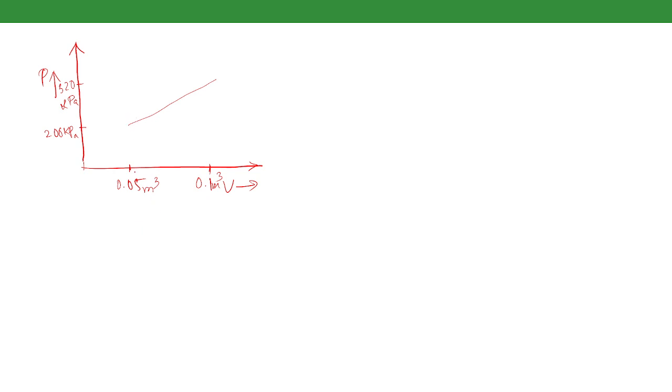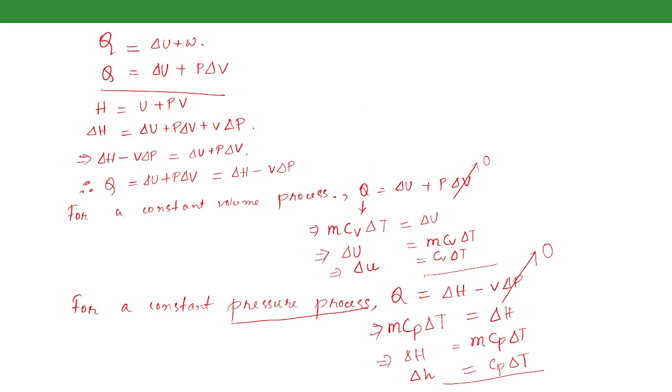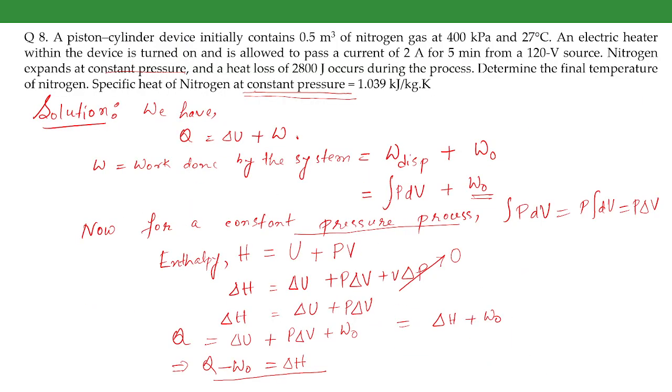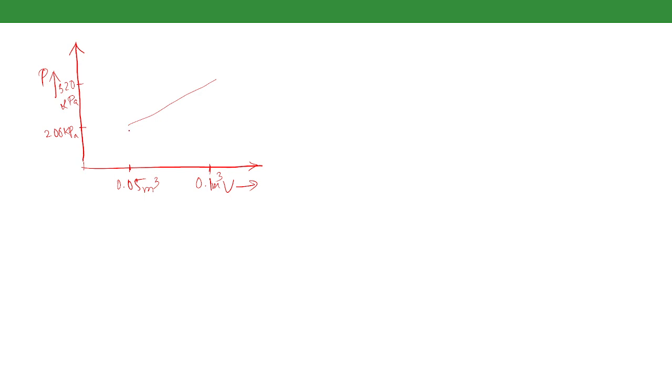So what is the work done? If you focus on the work done value here, it is an integration of the PdV value. This integration can be considered as the area under the pressure volume curve.